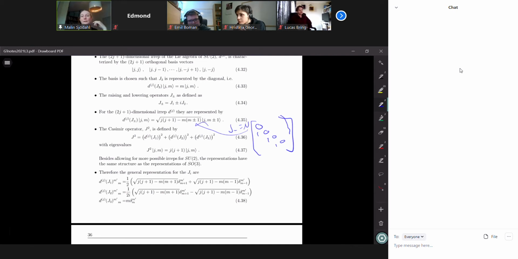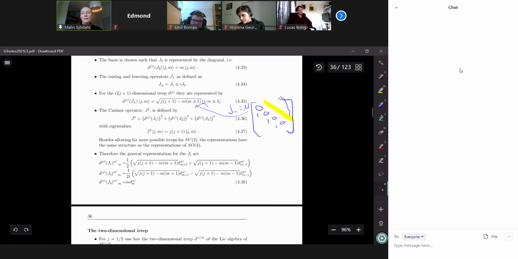And the j plus looks the same, but we would then instead have elements sitting up here. So the representations of j plus and j minus can be obtained from this equation here. And by how we pick our basis vectors, we pick them in such a way that j3 is diagonal. So j3 is then m times delta m prime m.